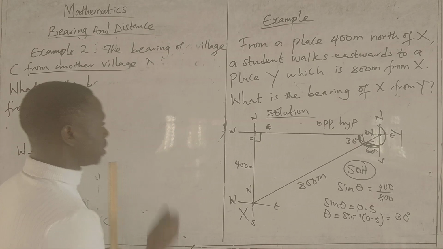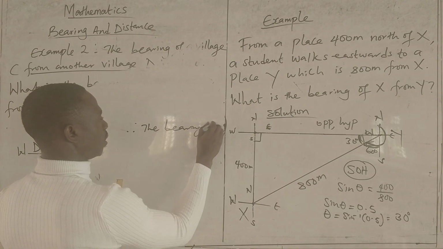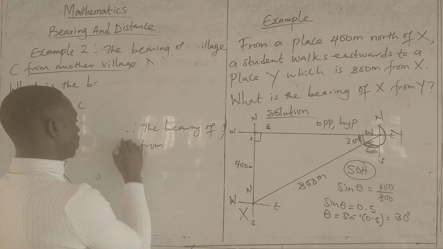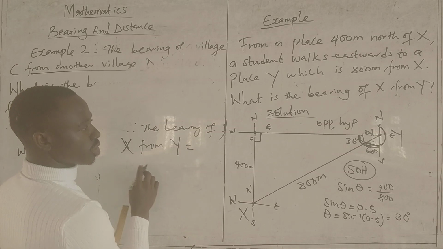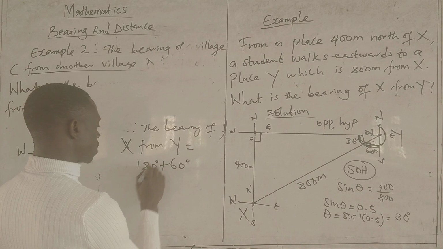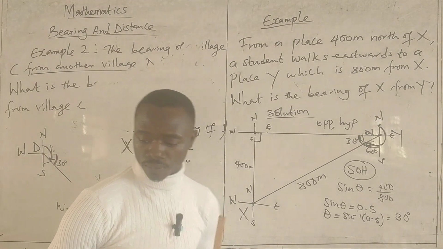So let me just put it here. Therefore, the bearing of x from y equals 180 plus 60 degree. That's 240 degree. That's the answer.